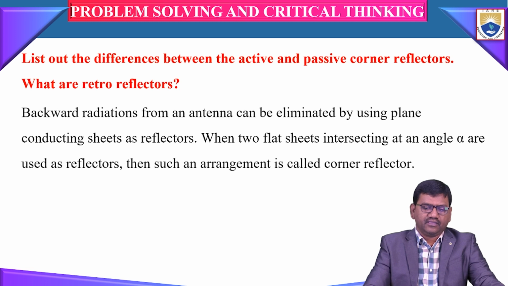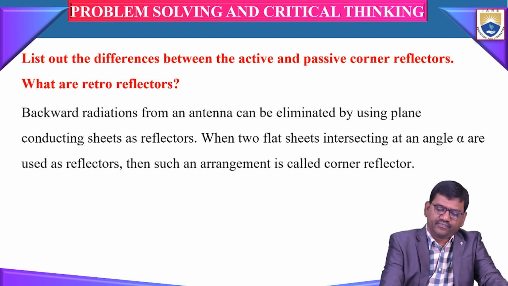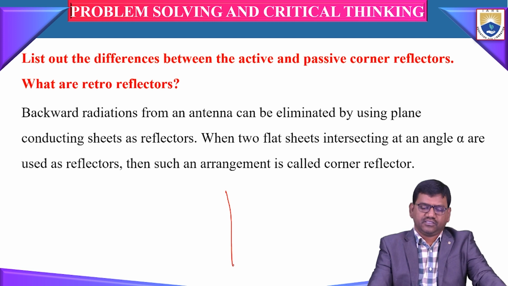Now here, the differences between the active and passive corner reflectors. A reflector is nothing but an element that gets excited from other elements. Suppose there is a rod, this is known as a rod reflector antenna.